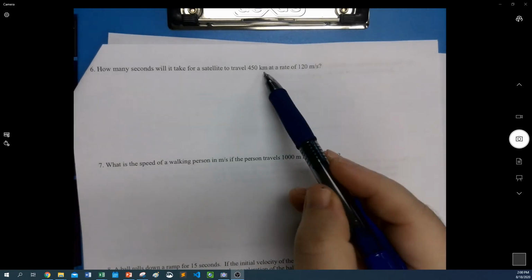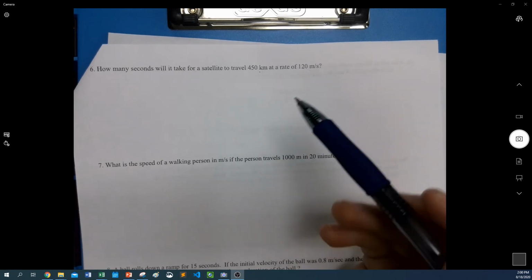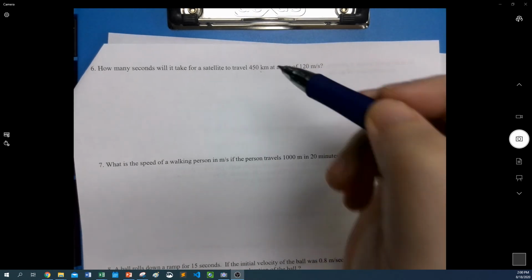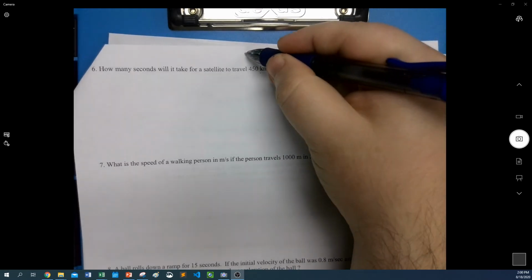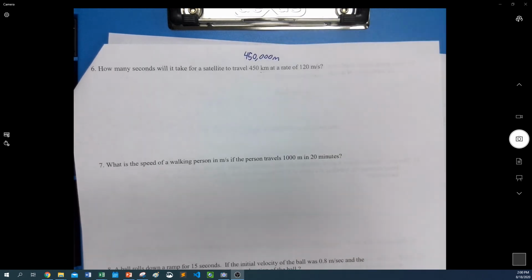So one is in kilometers and one is in meters per second. We need to convert this into meters. How many meters are in 450 kilometers? What does kilo mean? 1,000. So 450 kilometers is the same thing as 450,000 meters.